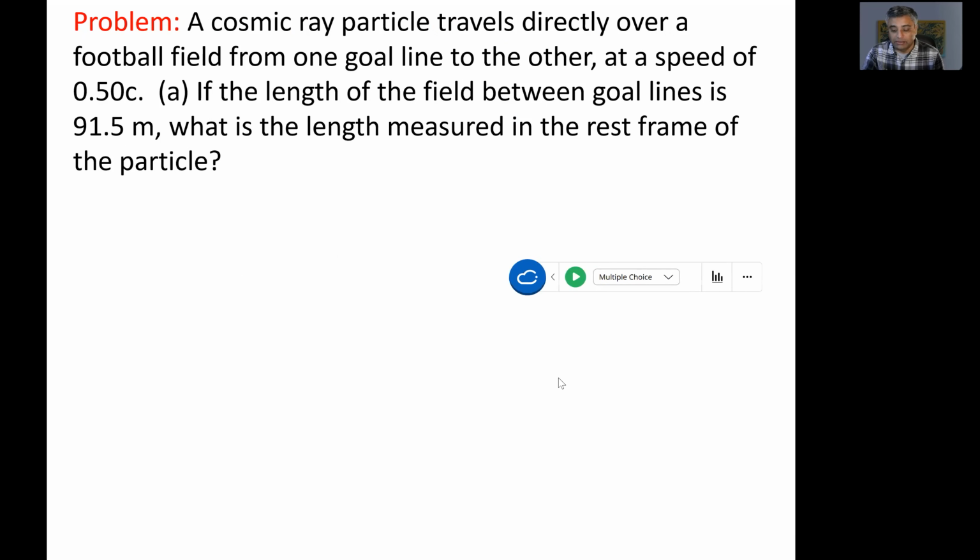So now let's look at some numbers. Here, there is a cosmic ray particle that travels directly over a football field from one goal line to another at a speed of half the speed of light.